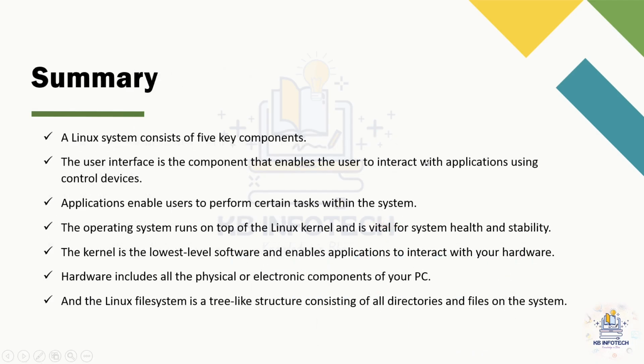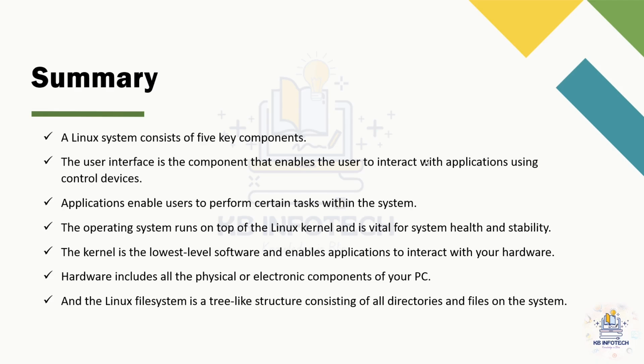So in this video, we have discussed that a Linux system consists of 5 key components. The user interface is the component that enables the user to interact with applications using control devices. Applications enable users to perform certain tasks within the system. The operating system runs on top of the Linux kernel and is vital for system health and stability.